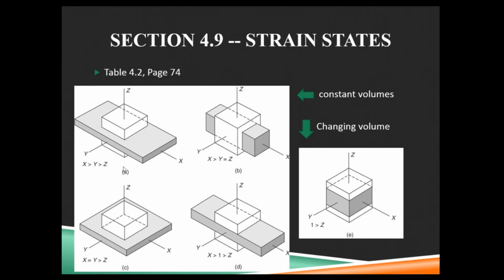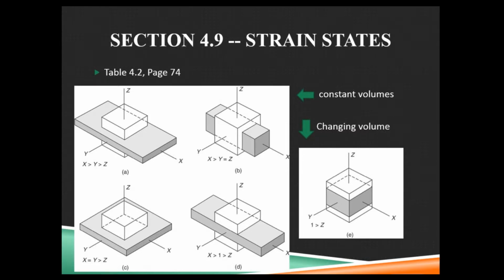Now, that is all for constant volume. Sometimes we have volume change as well as elongation. For example, this case E, there is no change in the Y direction or the X direction. So elongation is 1.